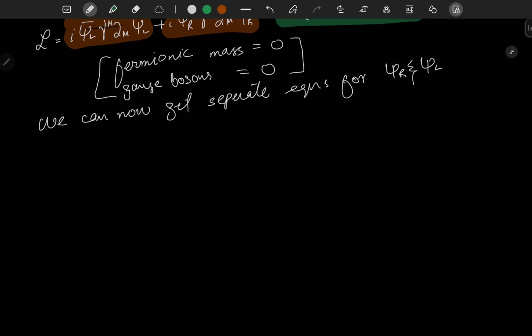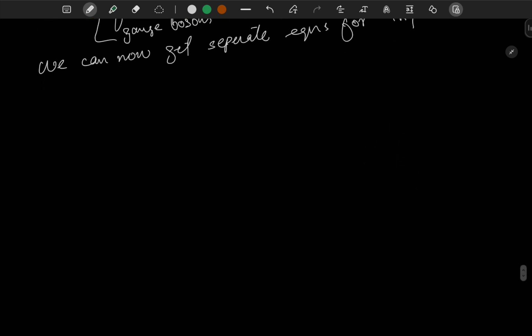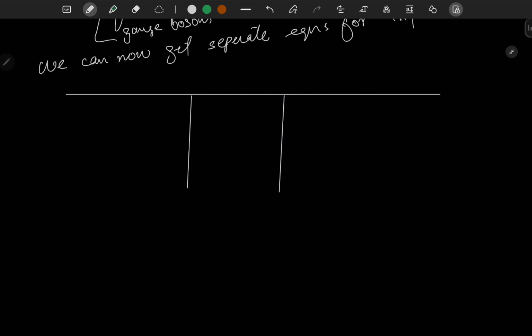Okay, so now before writing the Lagrangian, let's introduce three fields which we are going to use throughout this derivation.